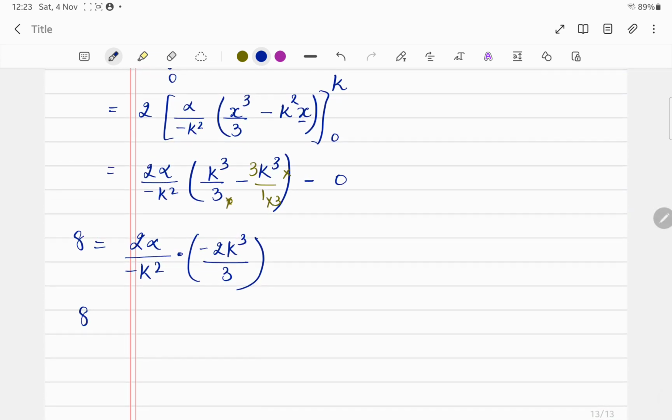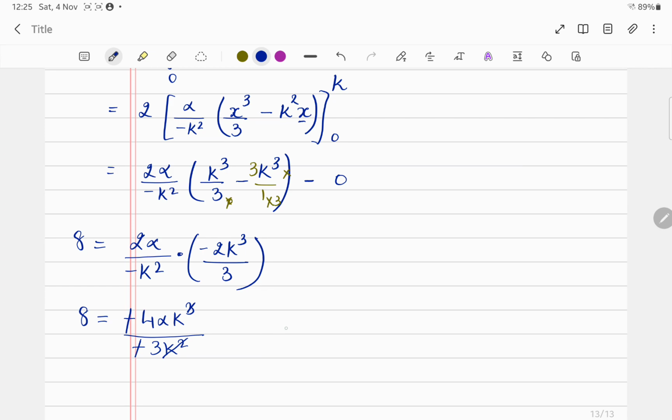So 8 equals minus 4 alpha k cubed over minus 3 k squared. K squared will cancel, because there are 3 k's on top and 2 in the denominator.